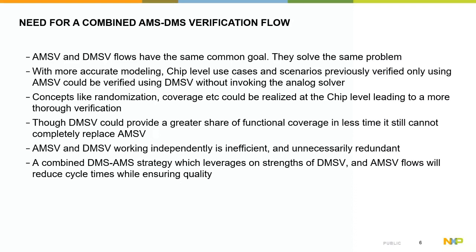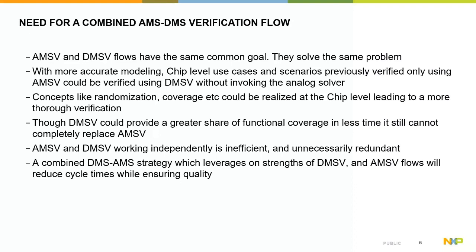And then with that comes the convenience and the advantage that we could use concepts like randomization and coverage, etc. All of those could be realized at the chip level, leading to a more thorough SoC level verification.